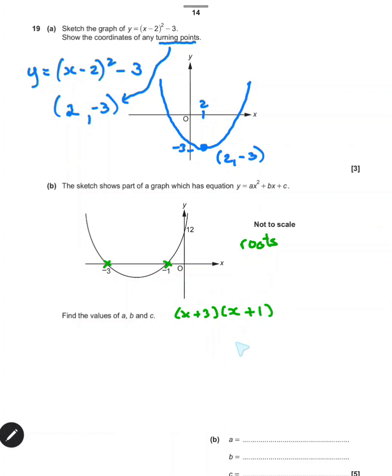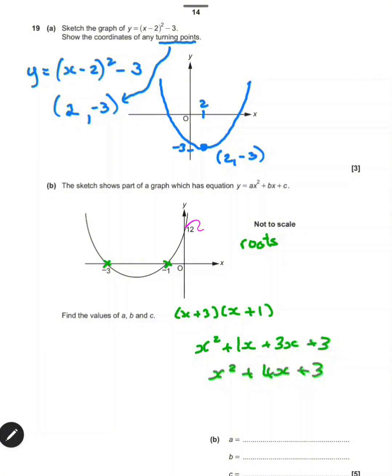And if I expand this double bracket, I will turn it into this expanded form. So I'm going to do that now. X times x is x squared. X times 1 is 1x. 3 times x is 3x. And 3 times 1 is 3. Simplify these middle two terms. We get x squared plus 4x plus 3.